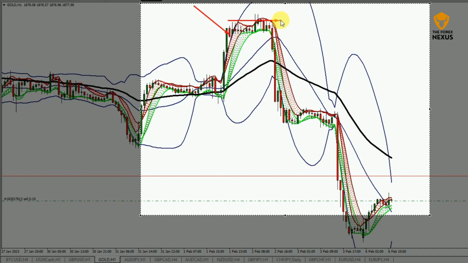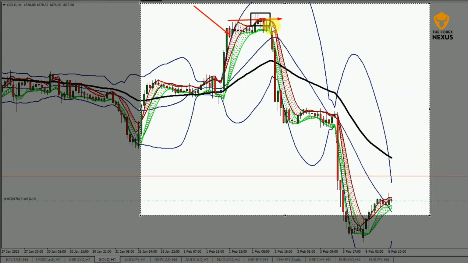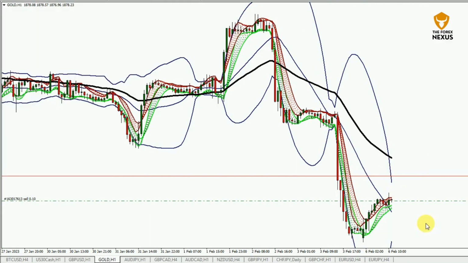At the same zone we got MLV here. Here we got the MLV. At this point we got the MLV point. Here we got the extreme, and when the Bollinger band curved we got the MLV.